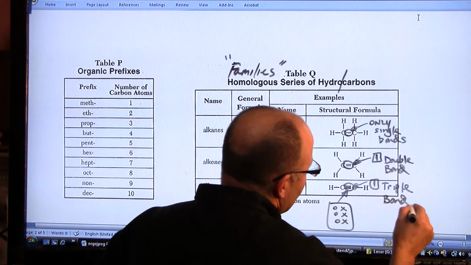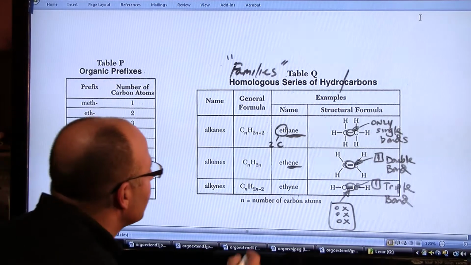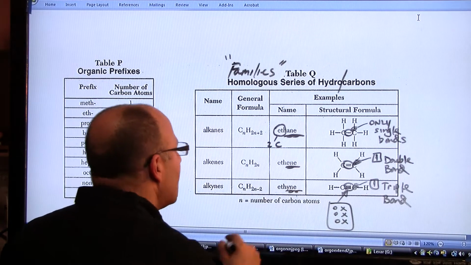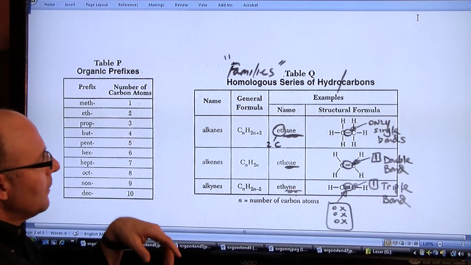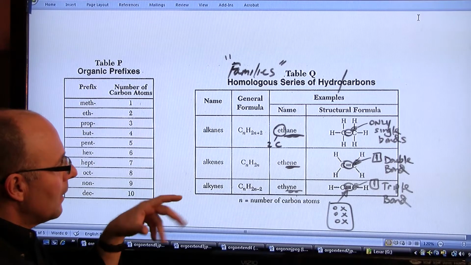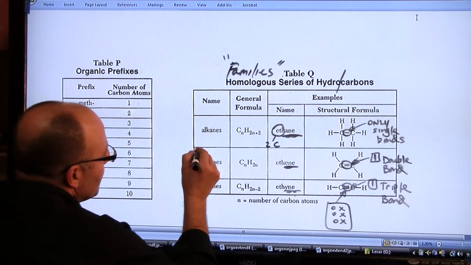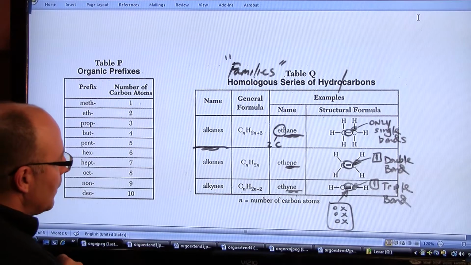All organic compounds have covalent bonds. And so that's how you can distinguish them. So we have ethene and ethyne, the Y in the ending. So the ending, or the suffix, if you will, depends on what family of hydrocarbons the compound belongs in. All right, and then let's make another division here between alkanes and alkenes.